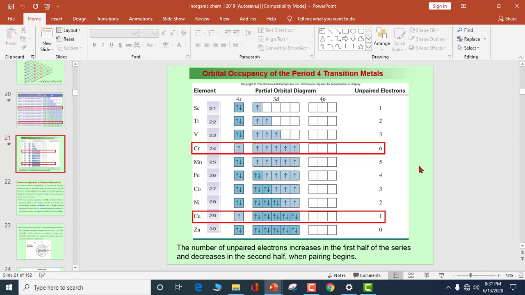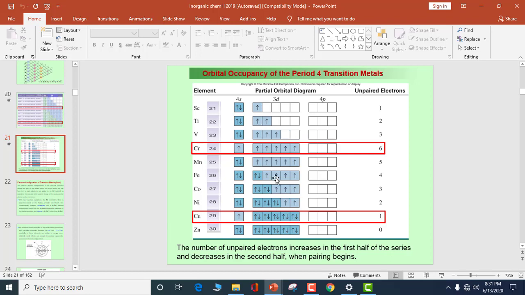So as the element has more unpaired or single electrons which all have similar spin, they show more magnetic property. For example, here is one single electron, so it shows magnetic property, but this scandium shows less magnetic property than this another member, and then from another member.